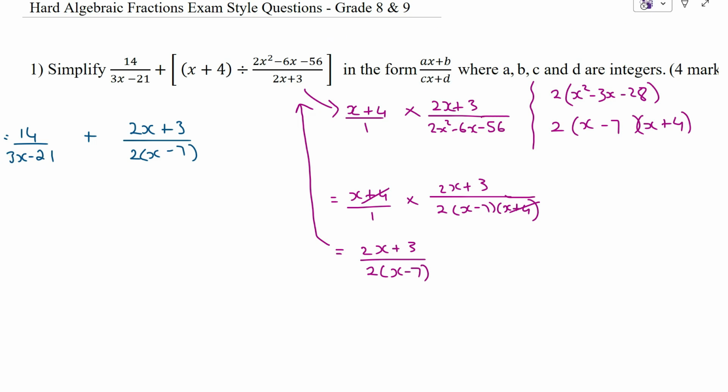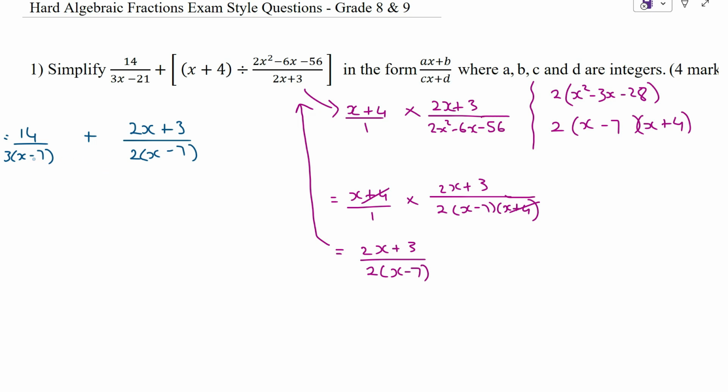So I'm going to go ahead and do that now, just so it's a bit easier for us when cross multiplying. So 3 is a common factor, so we'll take that out, leaving us with 3 times x minus 7. So we can see these denominators, we've got x minus 7, but just this number outside the bracket is different. So we want that to be the same, and that will give us a common denominator.